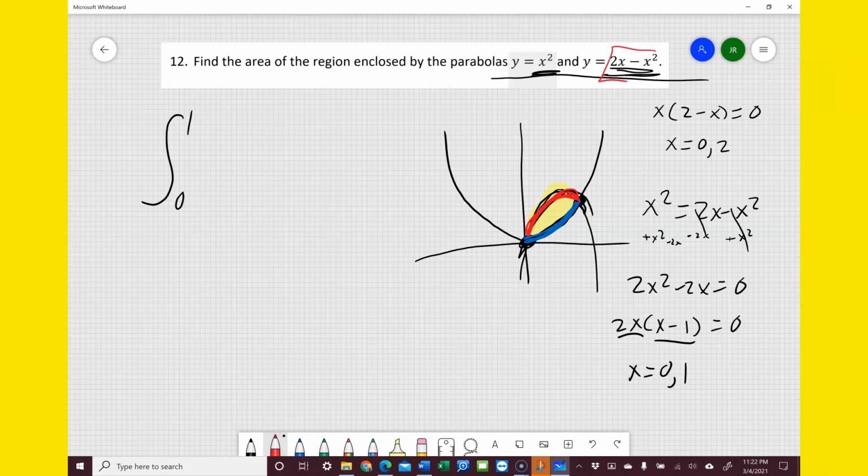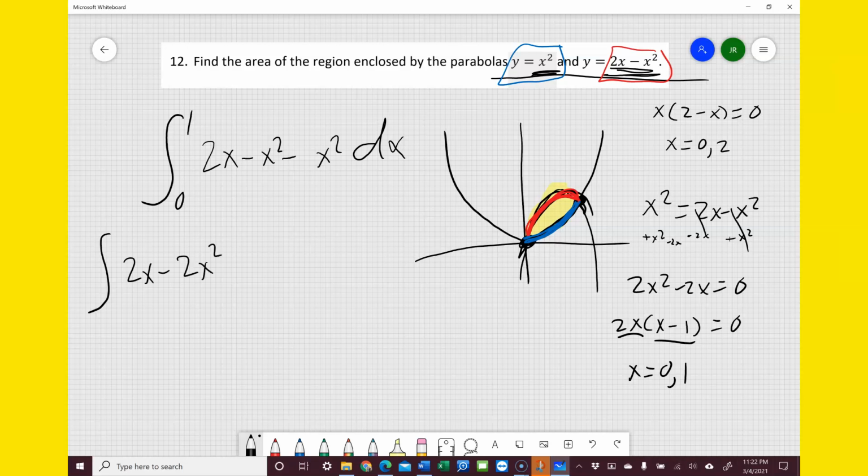This is the red one. This is the blue one. So that's going to be 2x minus x squared minus x squared, which then becomes the integral of 2x minus 2x squared dx.